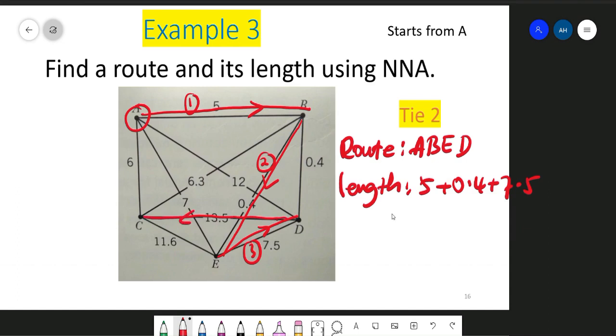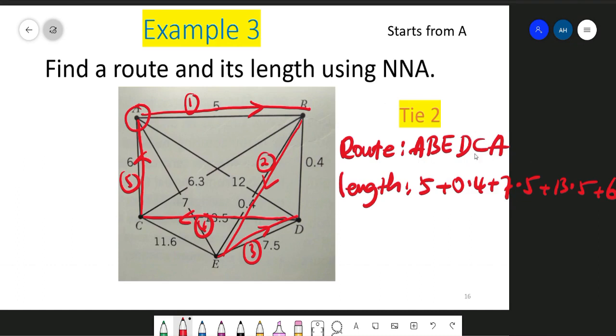From D to C, that is 13.5. From D we go to C, and then from C we have to go back to A. This is number 3, this is number 4, and this is number 5. So after that we have to add 6. Now from C we have to go back to A.